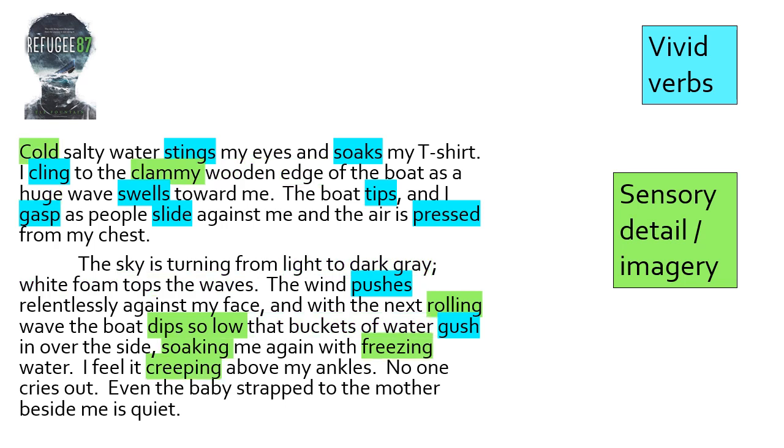Then there's also the touch words like cold and clammy. Also, rolling and soaking and freezing and creeping are words that show the feeling. There's even some taste words like salty, and then some sound words, or the absence of sound words. No one cries out. Even the baby strapped to the mother beside me is quiet.